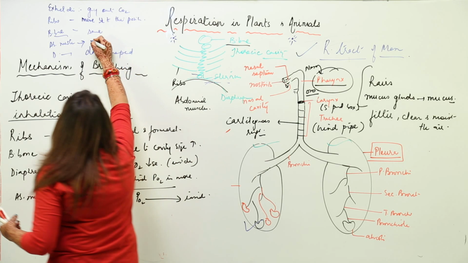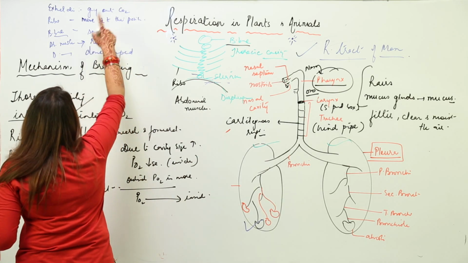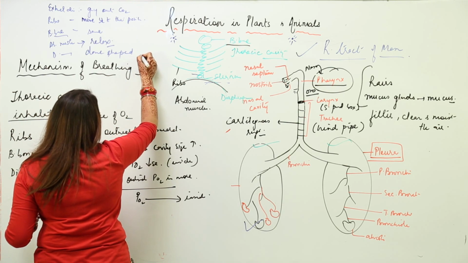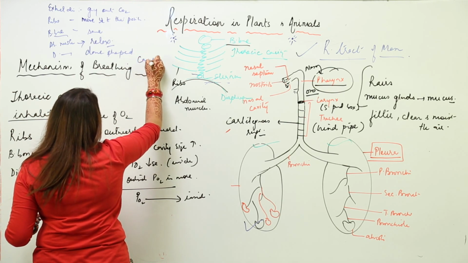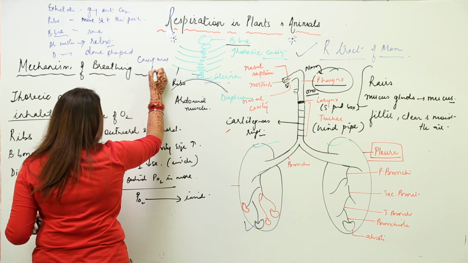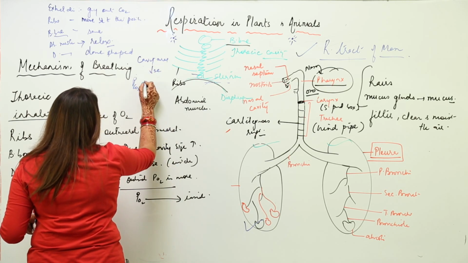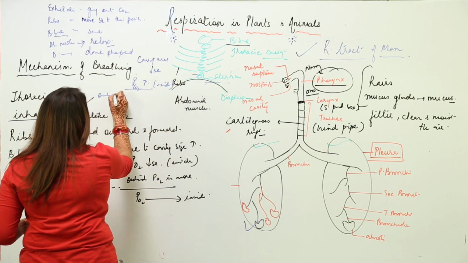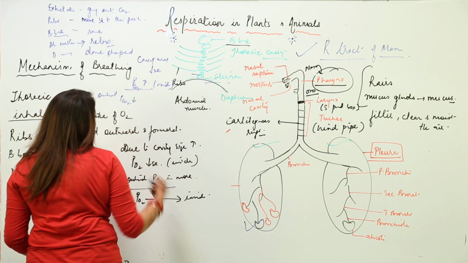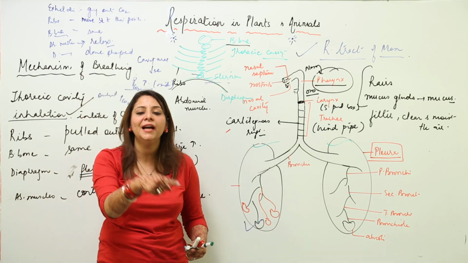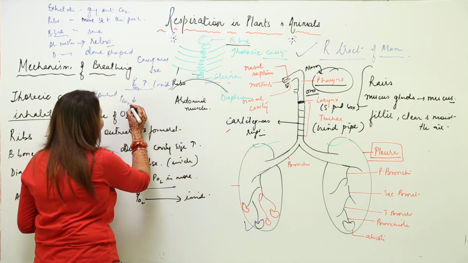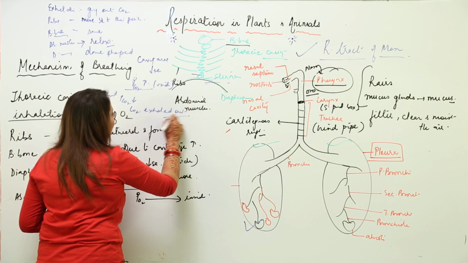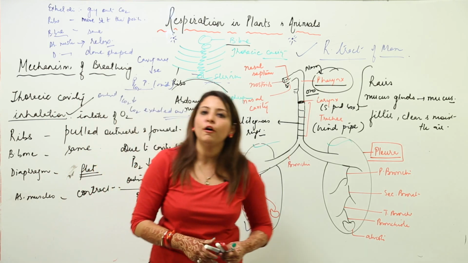Due to these changes, the cavity area decreases, which means the pressure of CO2 increases. This is for the inside, but outside the pressure of CO2 is less. So obviously the gas moves from higher to lower concentration, and that is why carbon dioxide is exhaled out. So this is the mechanism of breathing.